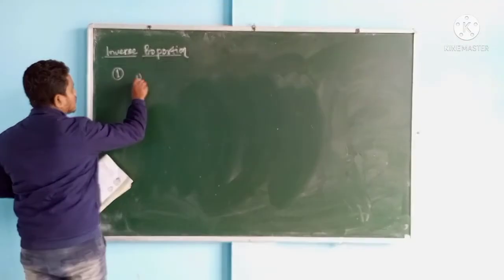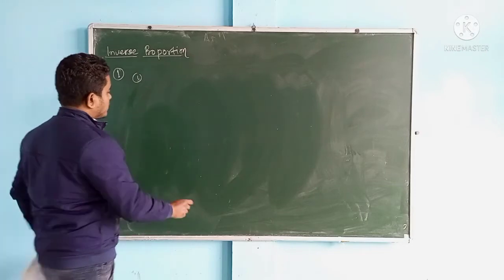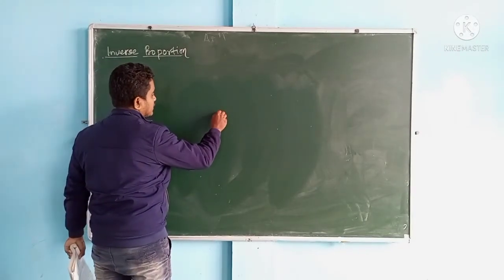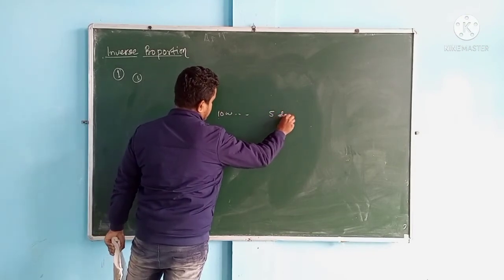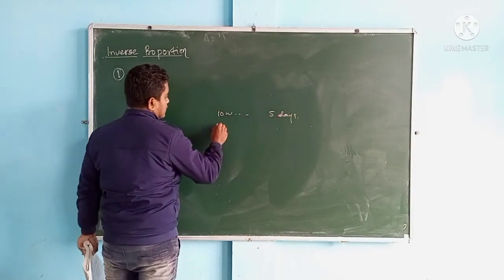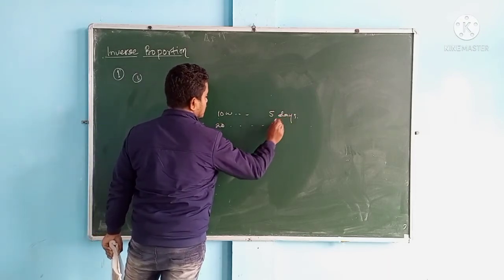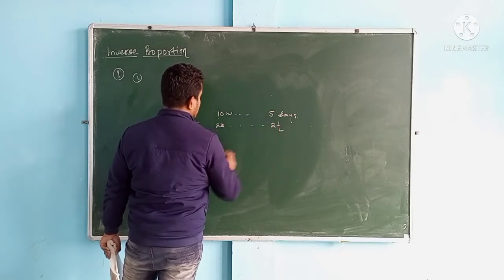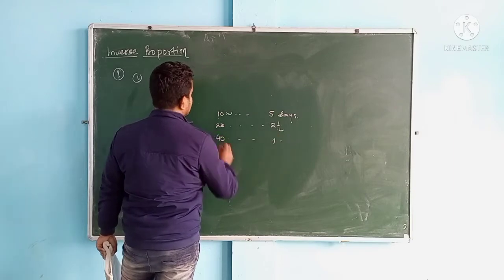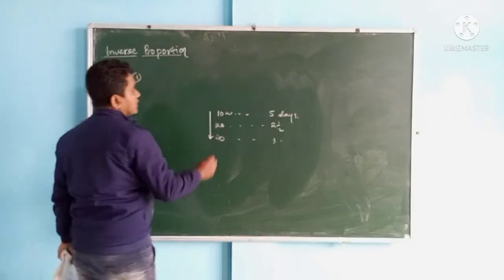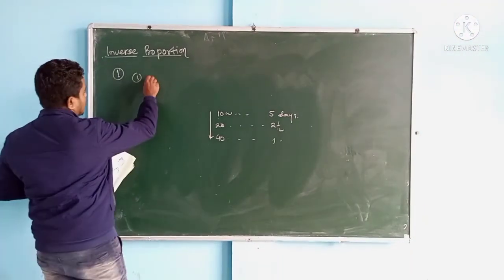For example, let 10 workers finish it in 5 days, then 20 workers can maybe finish it in 3 days or 2.5 days, or similarly 40 workers maybe complete it in 1 day. That means as the number of workers increases, the number of days taken to complete the job decreases. So the first one is in inverse proportion.